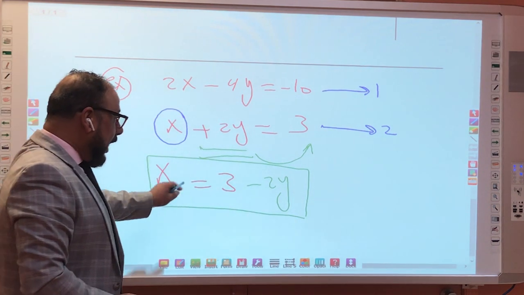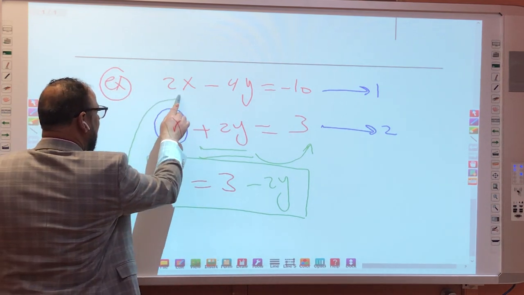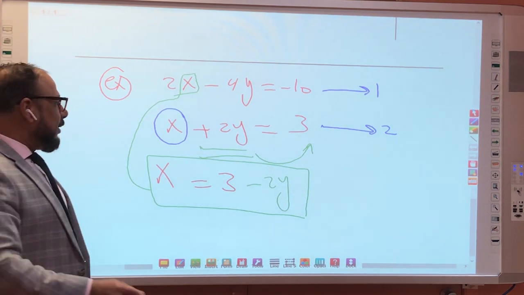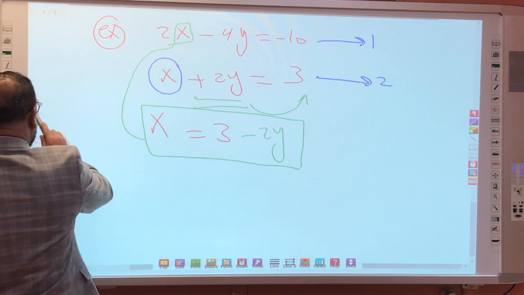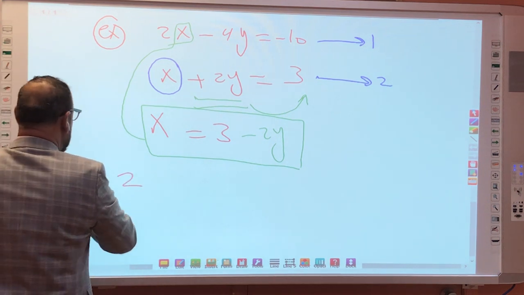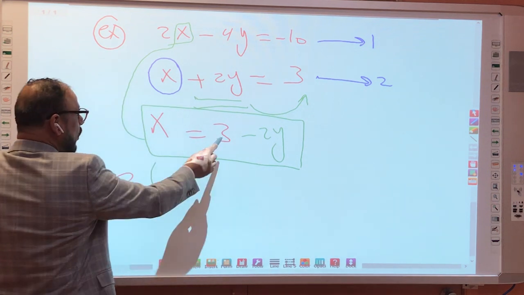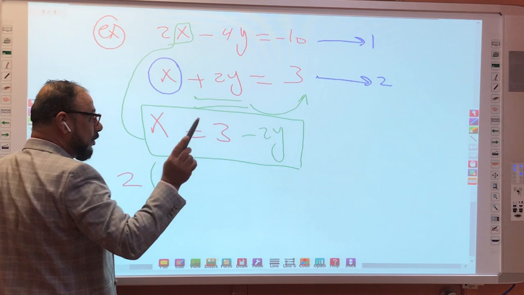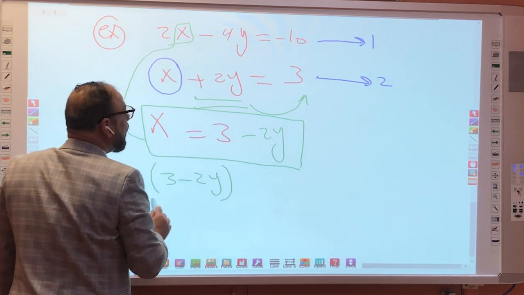For x. What you have to do is go to the first equation again, as we did before. Do you understand it? If you understand it, then everyone can understand it. What is the value of x from the second equation? 3 minus what? 2y.